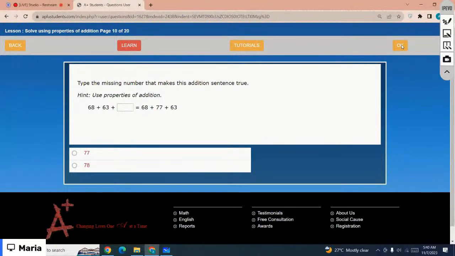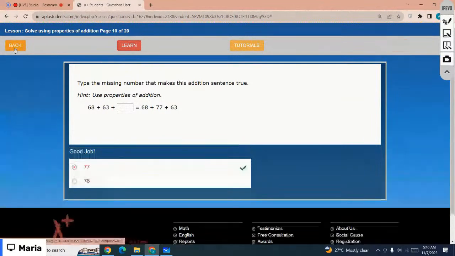Type the missing number that makes the addition sentence true, which is the correct option? The correct option is 77. Okay, you can complete the lesson by yourself here today.